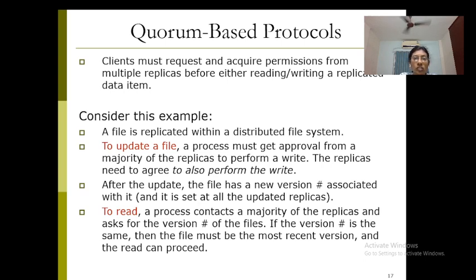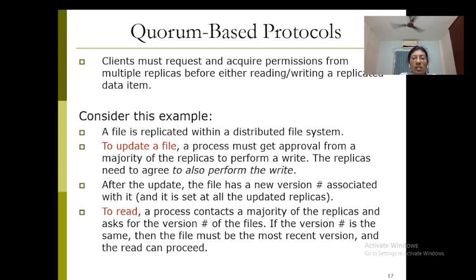Next protocol is quorum based protocol. A client must request and acquire permissions from multiple replicas before either reading or writing a replicated data item. Consider this example. A file is replicated within a distributed file system. To update a file, a process must get approval from a majority of the replicas to perform a write. The replicas need to agree to perform the write.